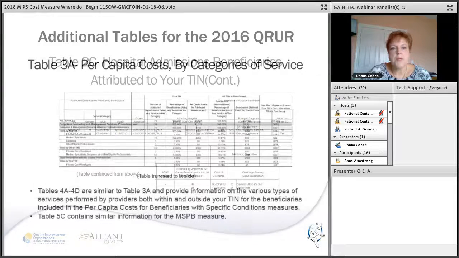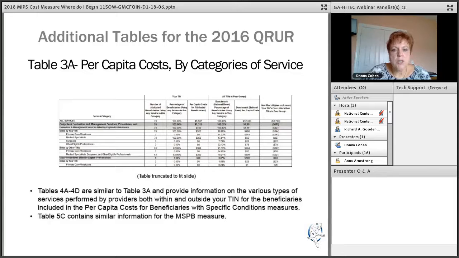Table 3B is the per capita cost by category, and I know this is very busy. You probably can't see it very well, but this actually breaks down the claims by category of services into surgeries, durable medical equipment, medical supplies, specialists, so you can see what percentage of your cost is coming from each of these services compared to benchmark.